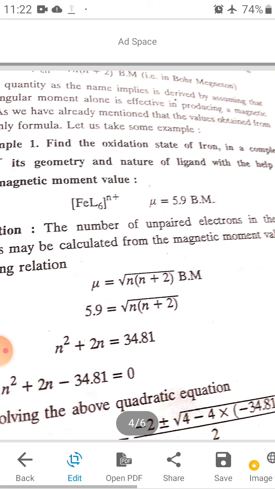According to this, iron is in the +3 oxidation state, which has 3d5, 4s0 and 4p0.